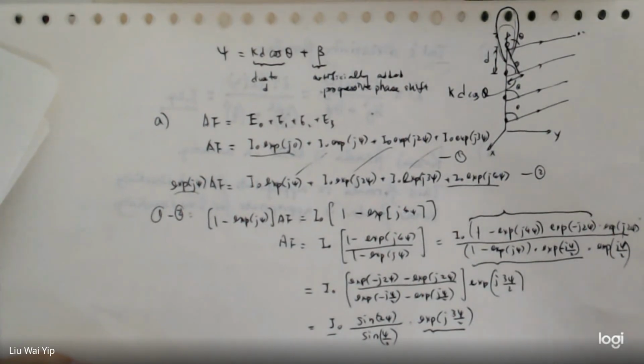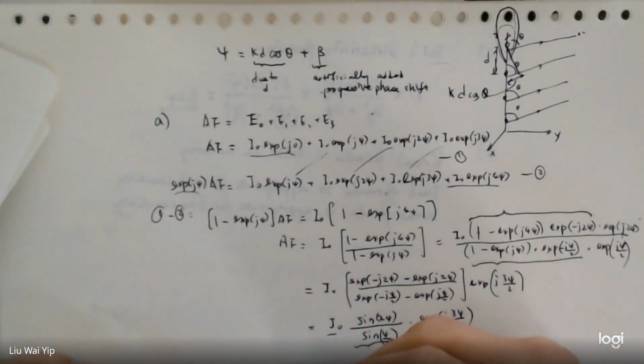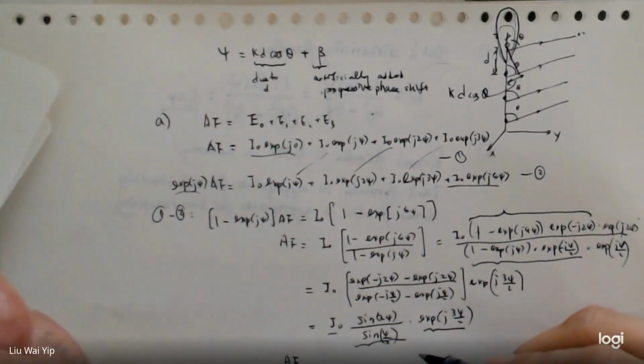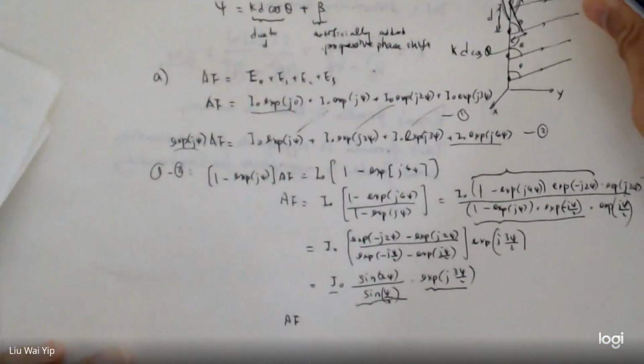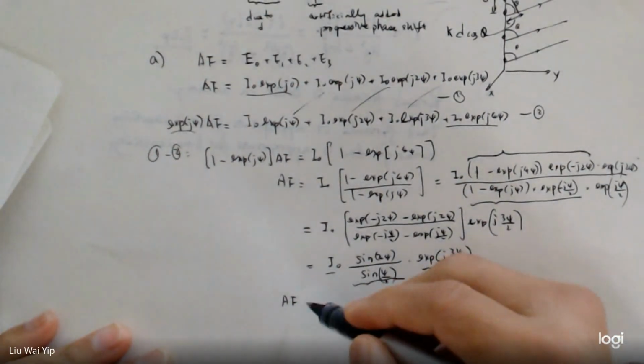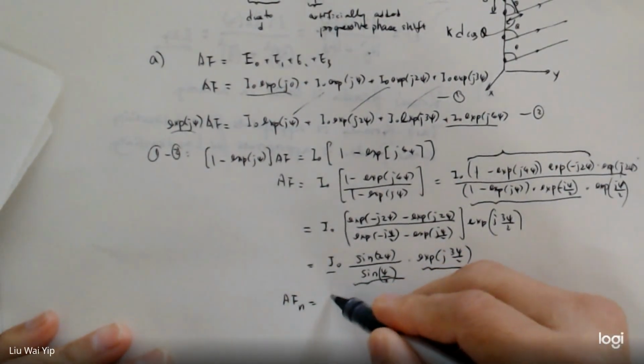The shape of the beam will be dictated by the middle expression only. So in this case, we can say the normalized array factor equals the following.